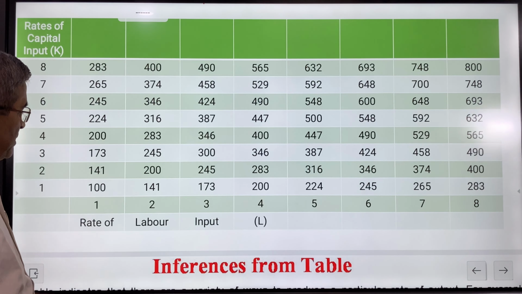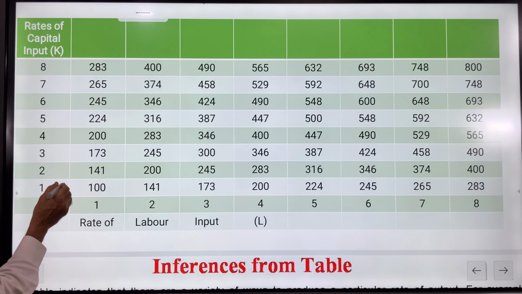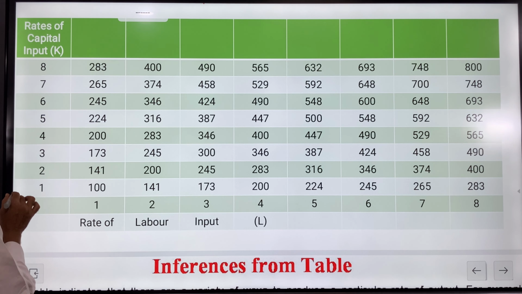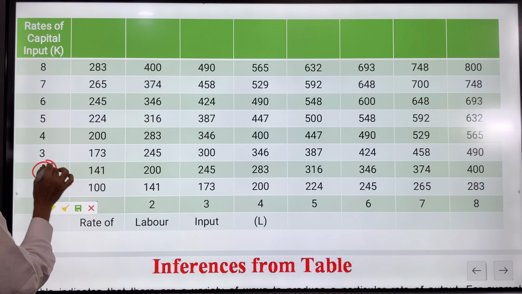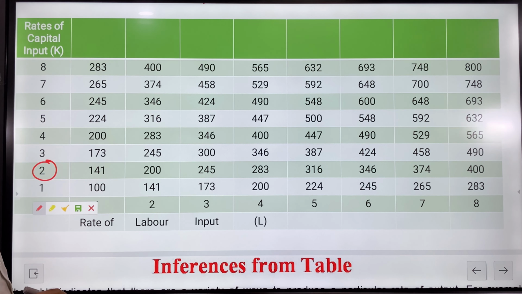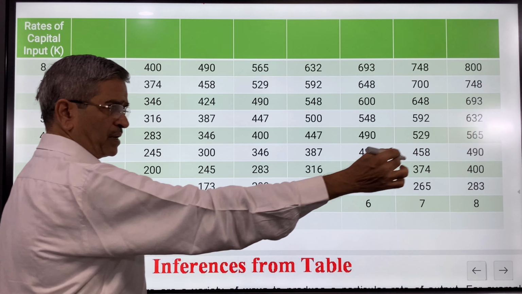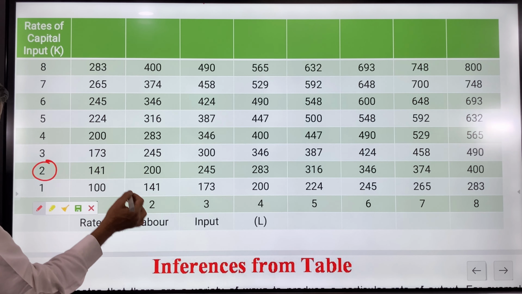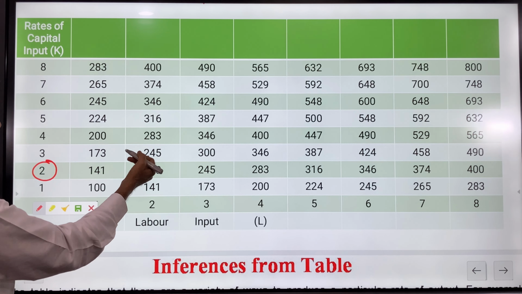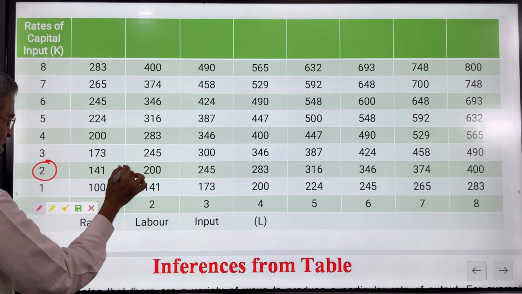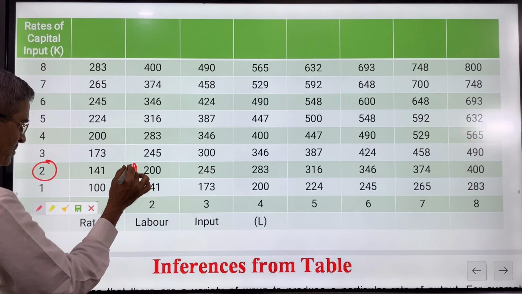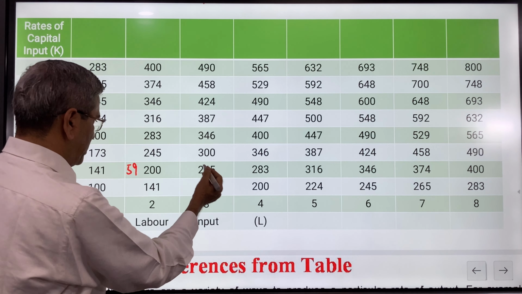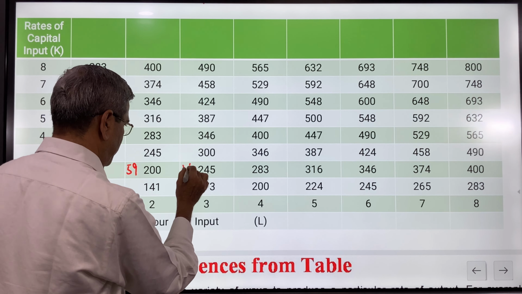If you take this, he is saying keep the capital constant, don't change this, then go on changing the labor. When you have 1 unit of labor, it is 141. When it is 2 units of labor, it is 200. 200 minus 141 is 59. Then the next increase is 45.